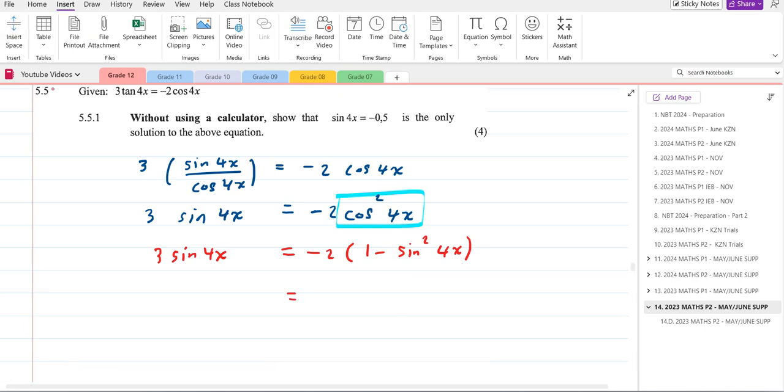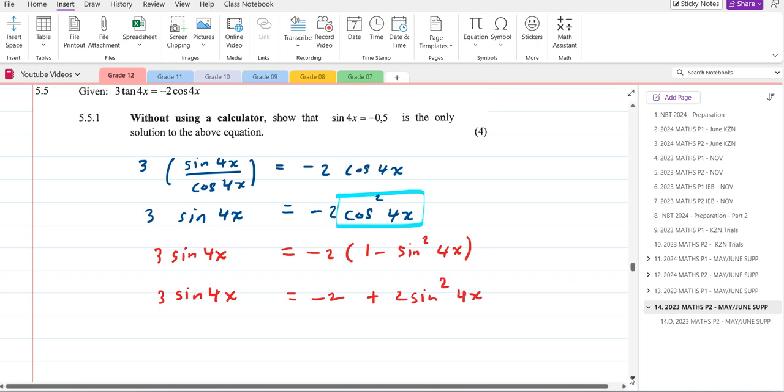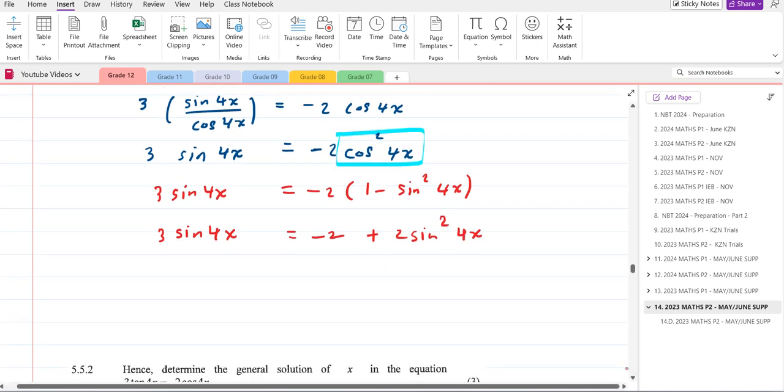Now you can see I kind of have a quadratic with everything in terms of sine x. On the right hand side, I'm going to open the brackets up: minus 2 plus 2 sine squared 4x.